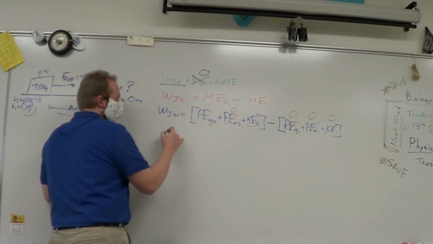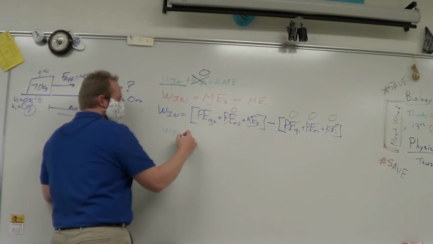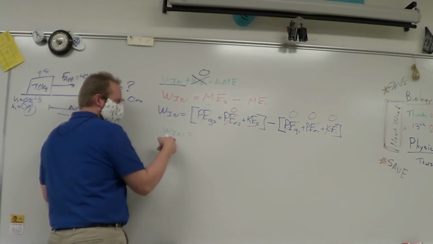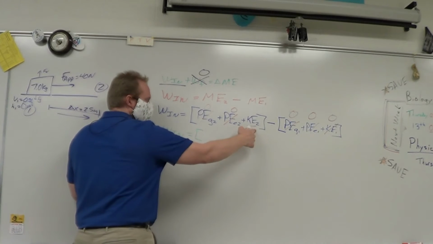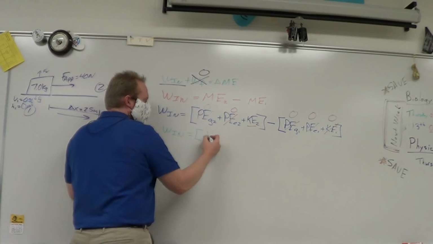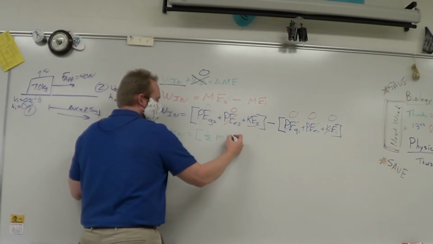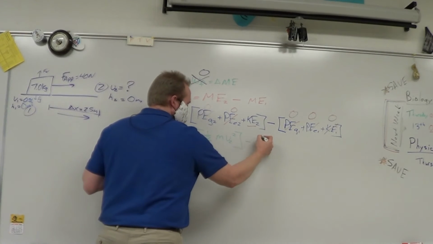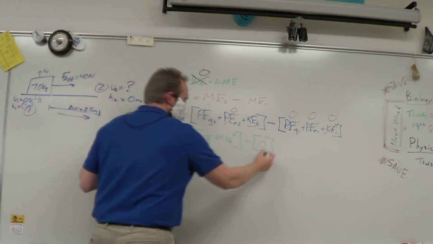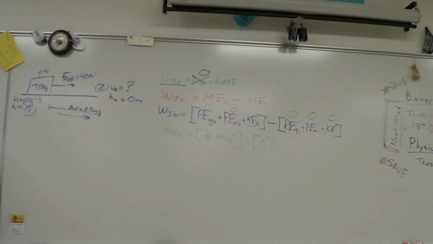I personally like to go through and keep working as it is, and then instead of saying KE, it's 1/2 mv2 squared, and we don't really need it, but it is technically a minus of 0, so we don't really need to subtract it.